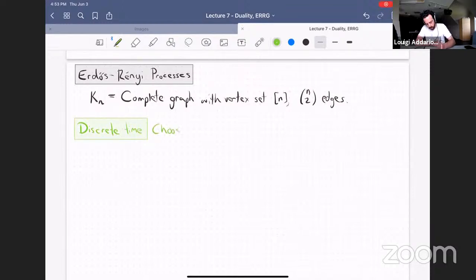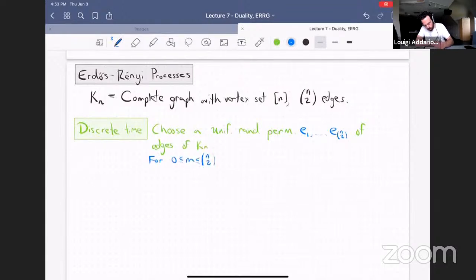So choose a uniformly random permutation e_1 up to e_(n choose 2) of the edges of K_n. And then for m from 0 to n choose 2, we'll let G_{n,m} have vertices 1 up to n and edges e_1 up to e_m.